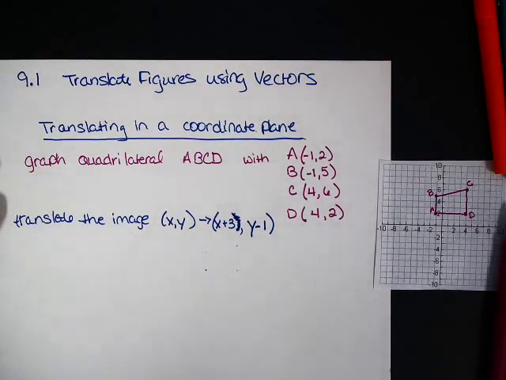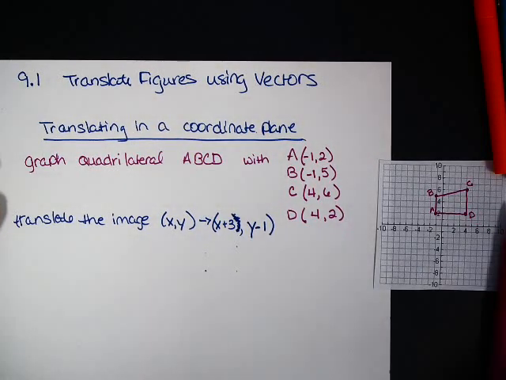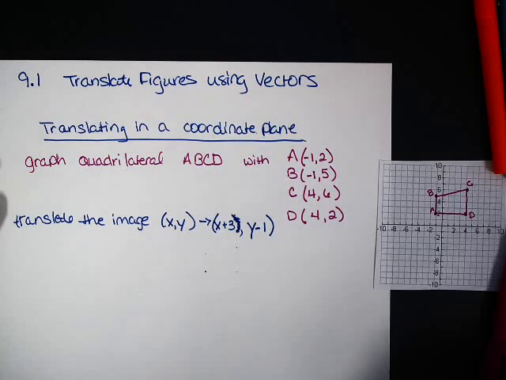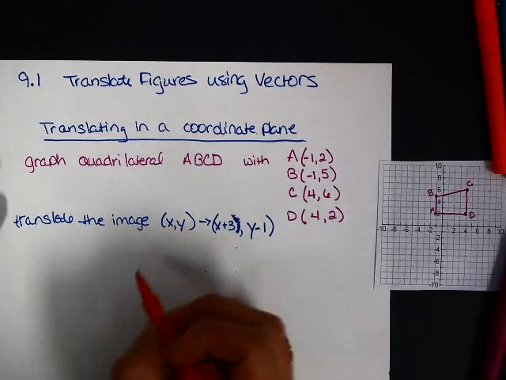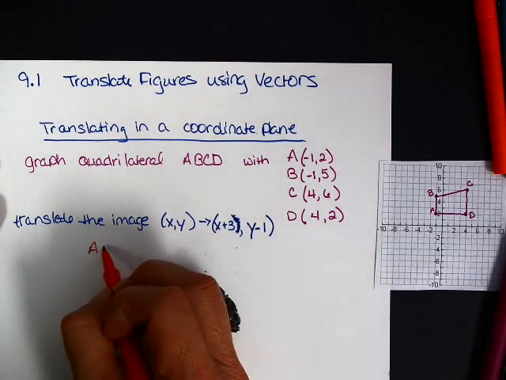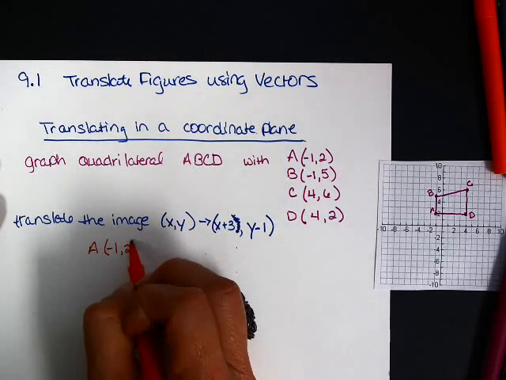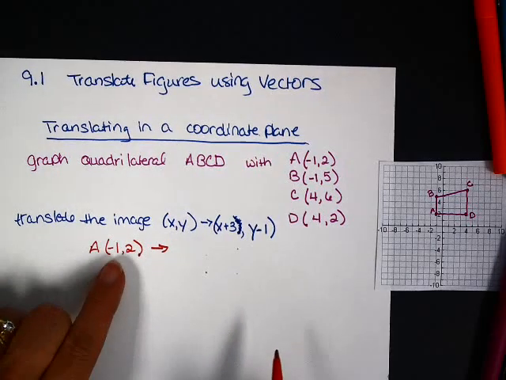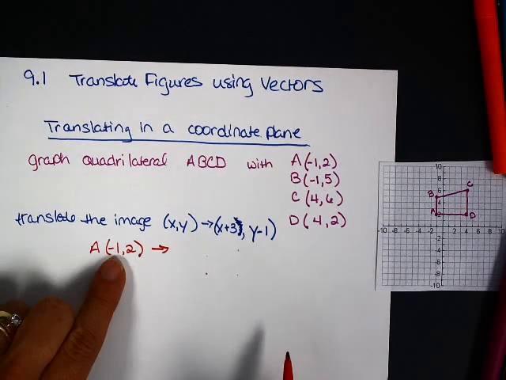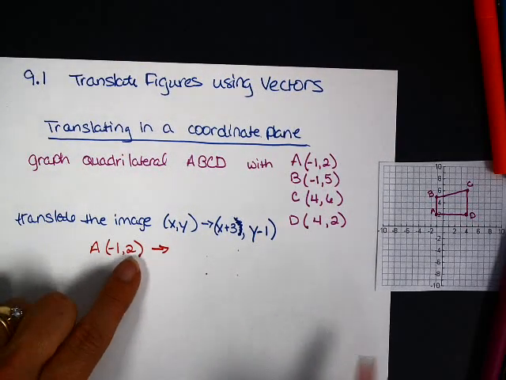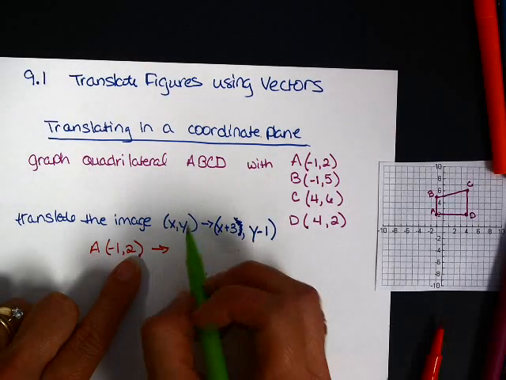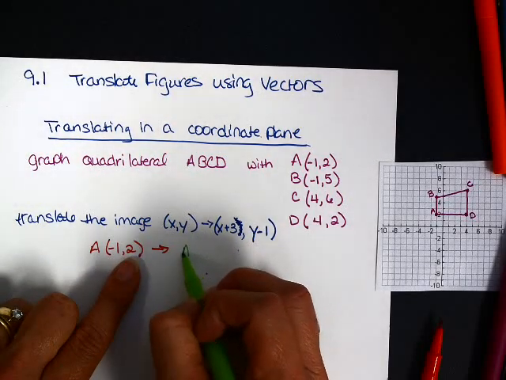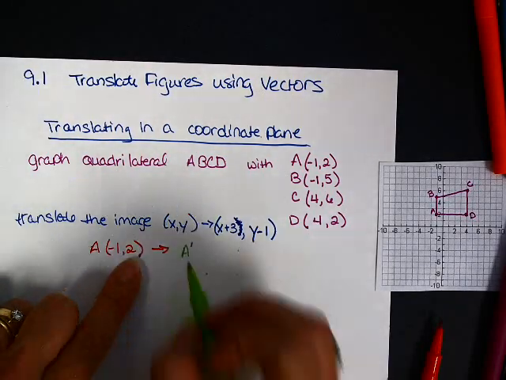All right, so now then, I'm starting out at A, (-1, 2). Now, if I'm going to add 3 to my x coordinate and take away 1 from my y coordinate, my new point is going to be A prime.